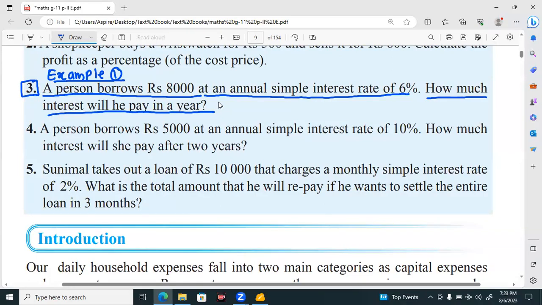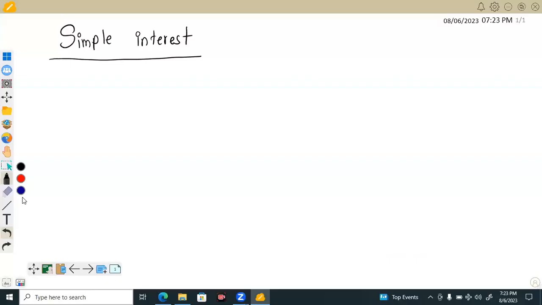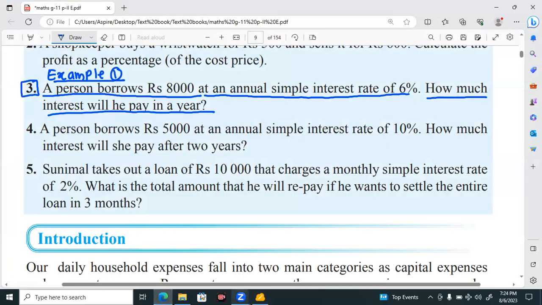Okay, did you write it? Yes, teacher. Okay, then look at how we do the calculation. Here, it is given that a person borrows 8,000 at an annual simple interest rate of 6%.